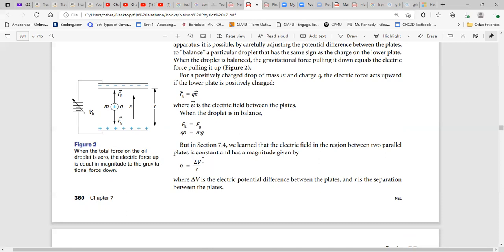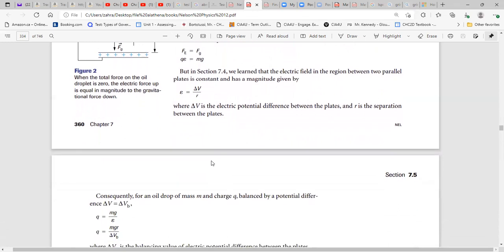Also, we know the electric field is delta V, the potential difference between the plates, divided by the separation. So instead of the electric field, you put delta V over R. Here we have Q delta V over R is equal to mg.